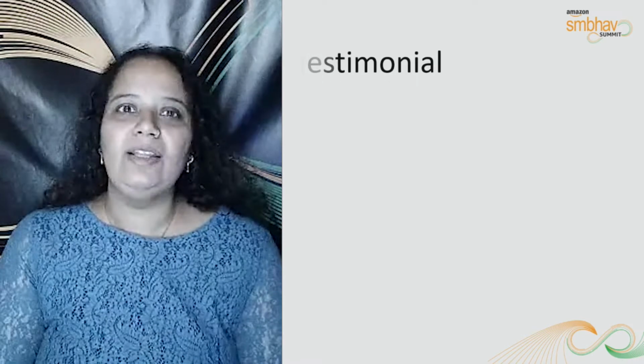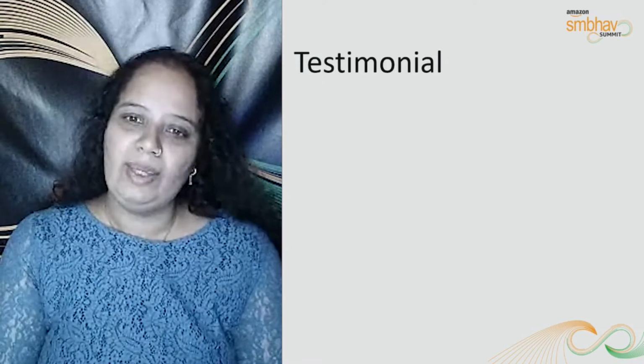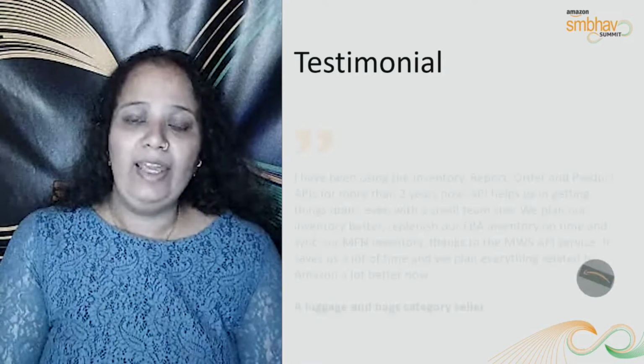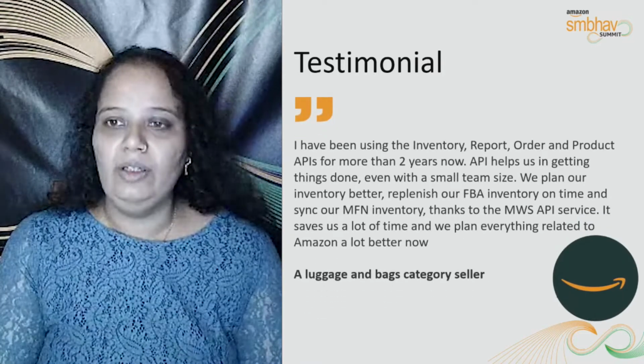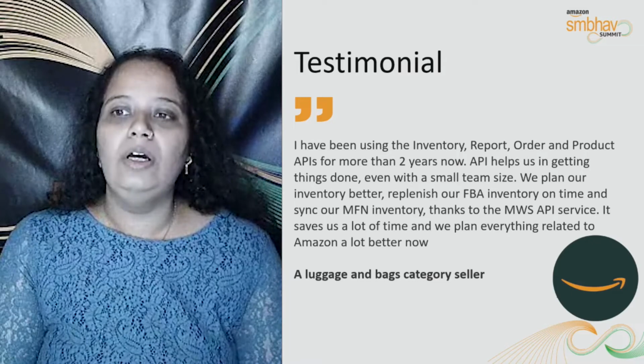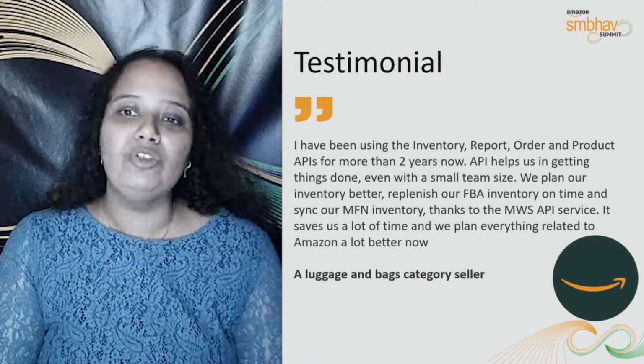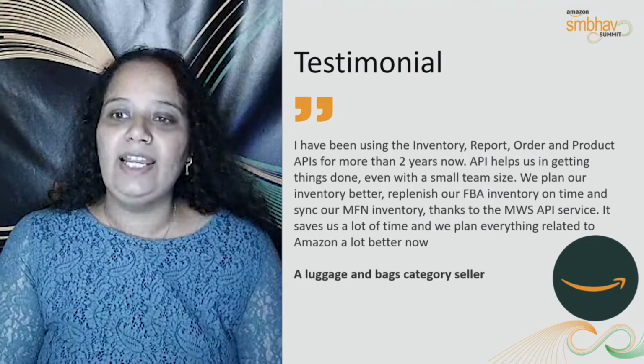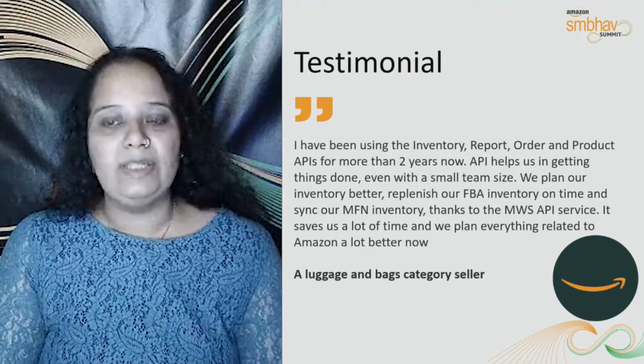Now, here's something that one of the sellers who's used APIs for automation shared with us. They have been using inventory, order reports, and product APIs for more than 2 years. They say that API helps us in getting things done, even with a small team size.